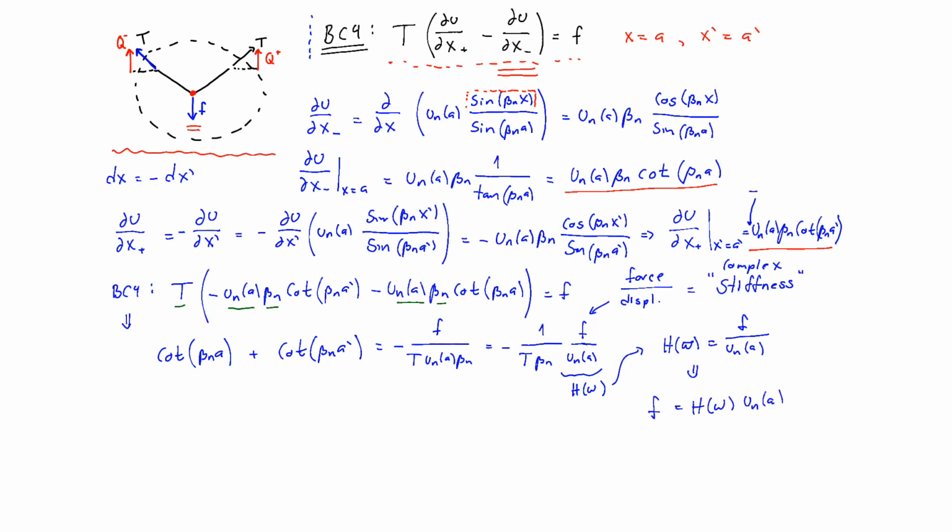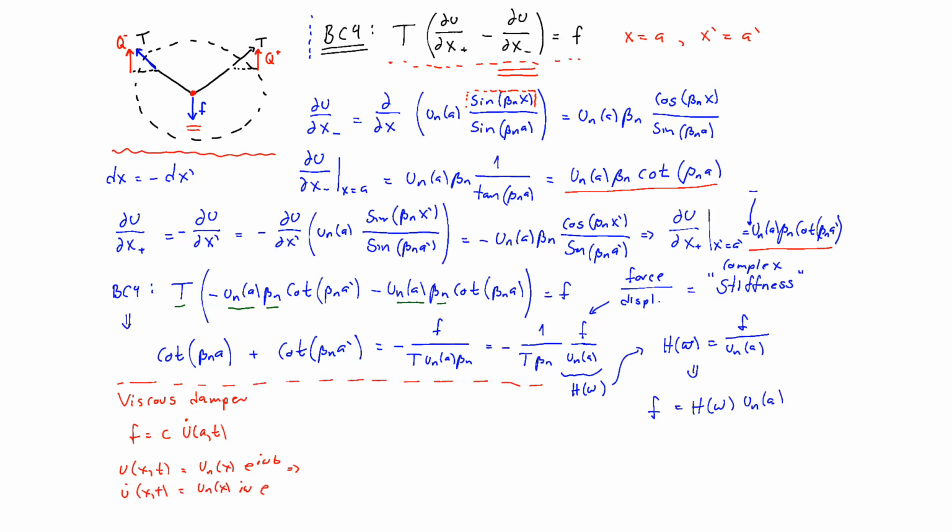Let us right now assume a viscous damper. The relation for a viscous damper is that F is equal to C times U dot at A over time T. If we remember that u of x and t is given as un of x times the exponential function i omega t, that implies that U dot is equal to un i omega exponential function i omega t.